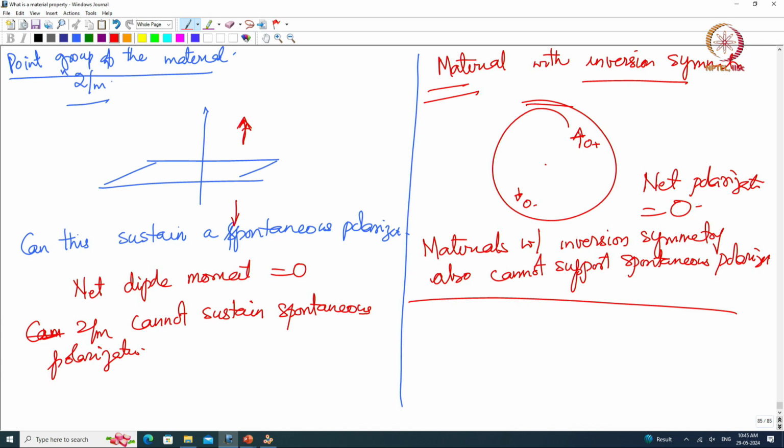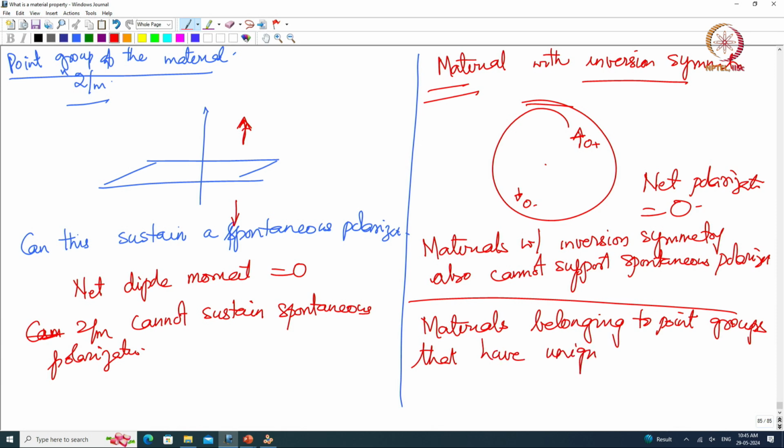You can keep on extending these arguments and actually show that materials belonging to point groups that have unique high symmetry points cannot have spontaneous polarization.